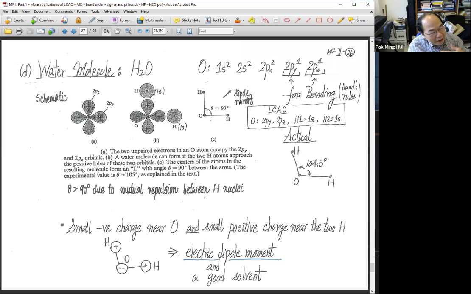You follow me? Okay, so therefore you can predict that a homonuclear case has a lot more covalent character. Get that? So therefore in diamond, in silicon, you have dominating covalent bonds. Get that?